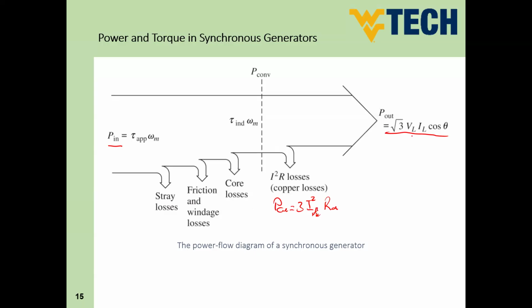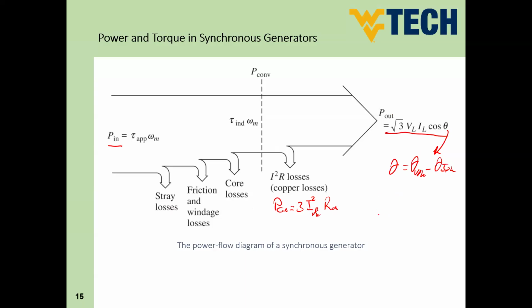For sure, you can say also 3 times V phase I phase cosine theta. And don't forget that theta is theta V phase minus theta I phase. All the time, guys, the power factor angle is the difference between the voltage and current angles. Okay, so this is the definition of the output power of our machine.